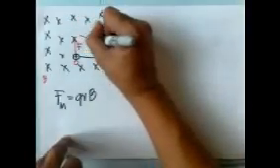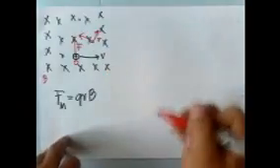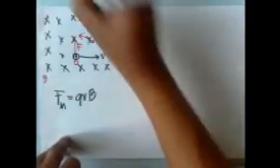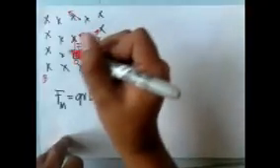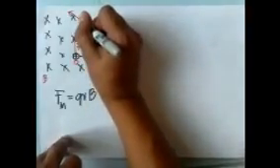So the direction of our force is here. At another point, the velocity is directed this way, and the force is perpendicular to the velocity. So this is the F, the v.